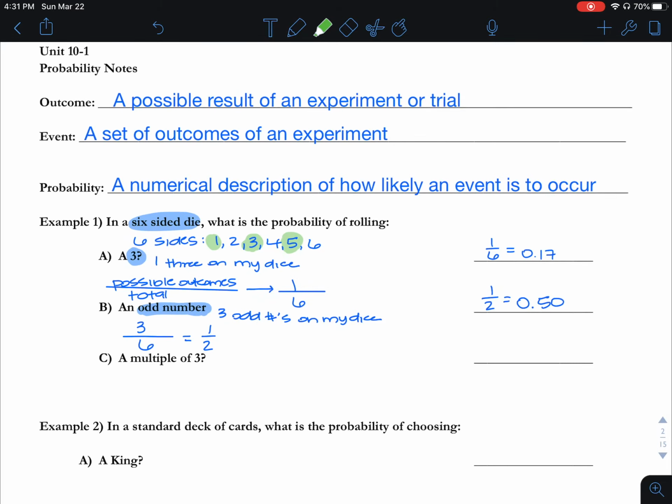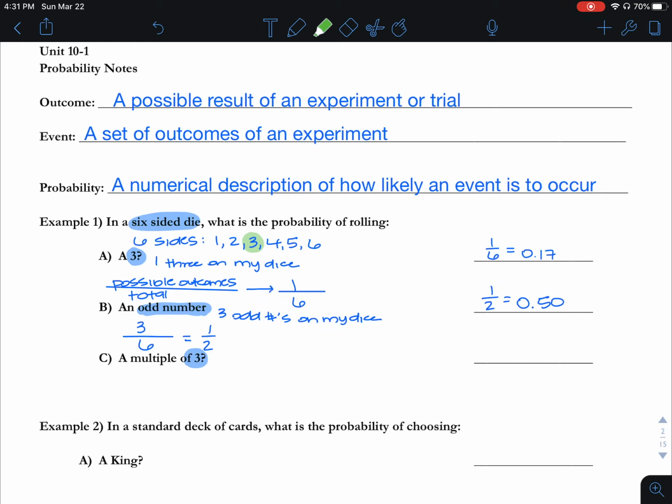All right, let's talk about the next one. So I want to look for multiples of 3, which means things that can be divided by 3 evenly. So I'm going to erase what I have here. Well, 1 divided by 3 does not give me a nice neat number. 2 divided by 3 does not give me a nice neat number. 3 divided by 3 does give me 1, and that is a nice neat number.